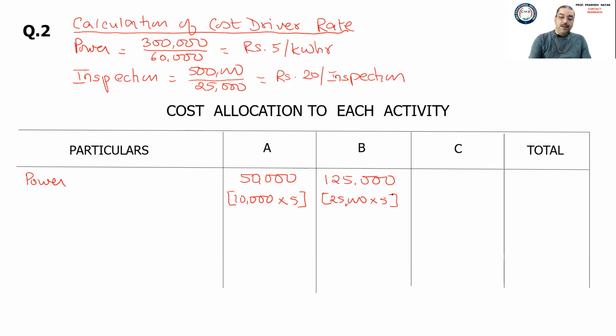For C, it is 20,000 into 5, that is 1 lakh. Total 2,75,000.